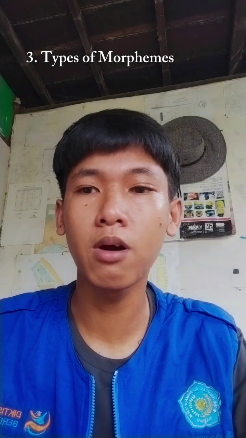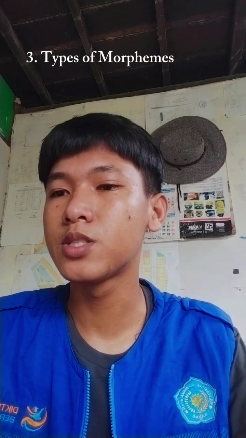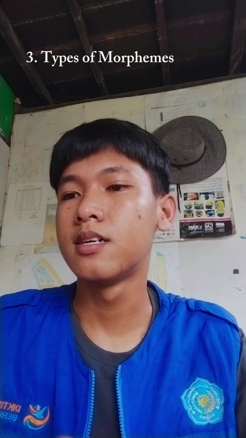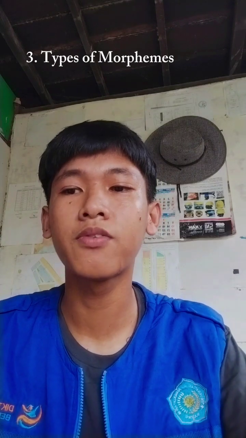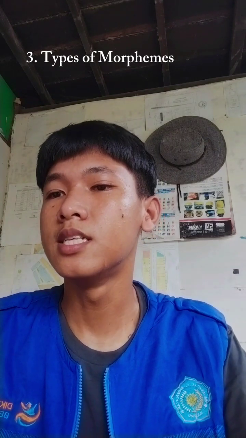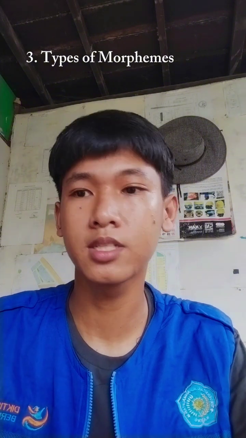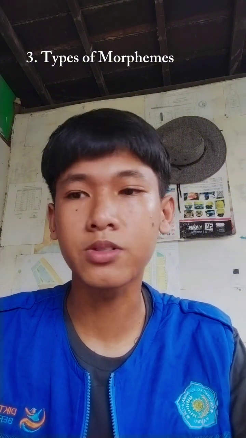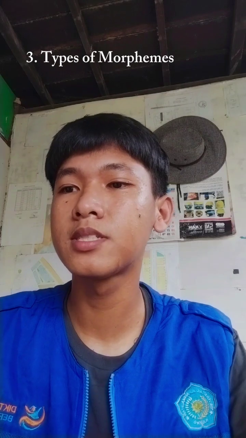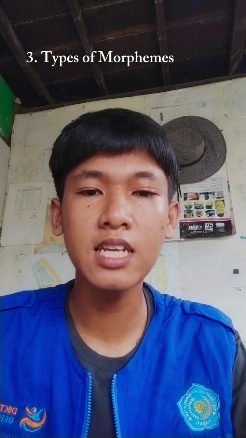3. Types of morphemes. There are two major types. First, free morphemes, and second, bound morphemes. Free morphemes can stand alone as words, for example, house, table, and kangaroo. Bound morphemes cannot stand alone.